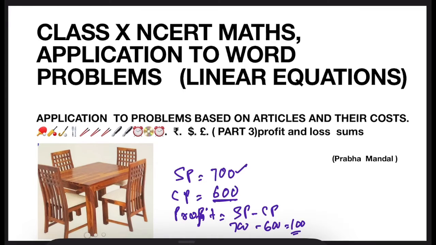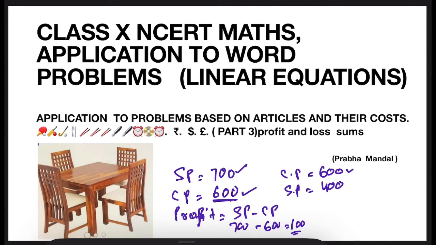Suppose you bought the same thing, a pen or something, for 700. After a few months you want to sell it. Your friend says, let's say 600 only. CP is how much? 600 you bought, and you say, no, I want to sell it. Since it is old, your friend will say, I will give 400 only. So, that is your SP. SP is 400.